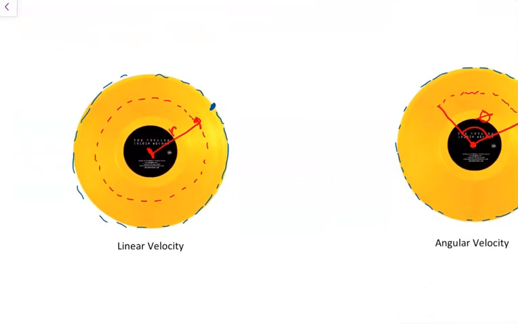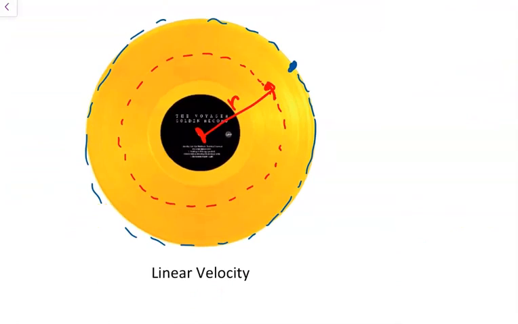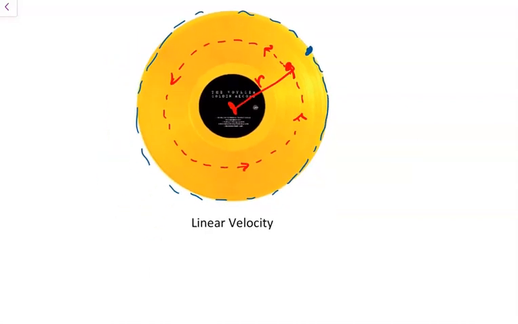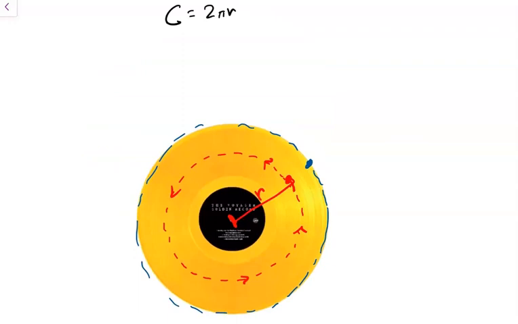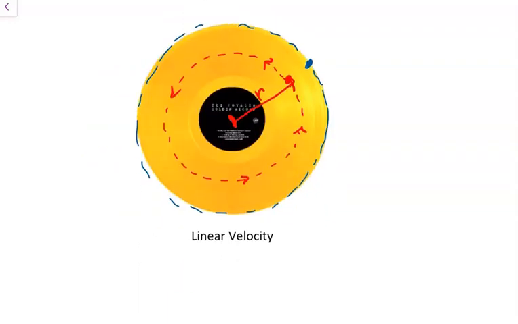So in this linear velocity picture, or a picture representing an object in linear velocity, let's imagine that it started at this red dot and it moved in this direction around the circle. If we were to identify the distance that it would have traveled, well, it travels a full circle or a full circumference of 2 pi r, and it travels it in some time period.